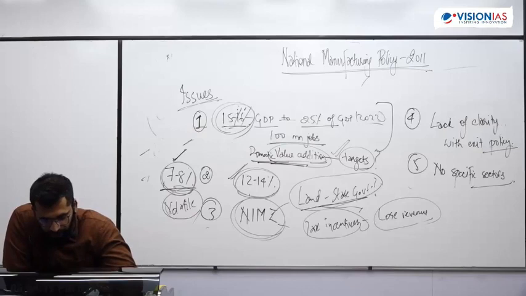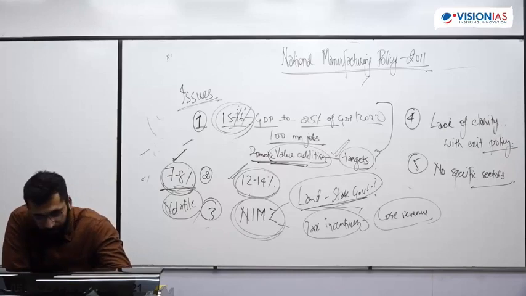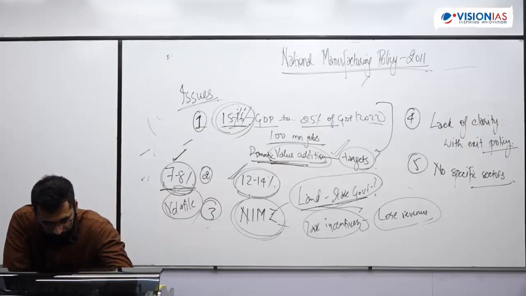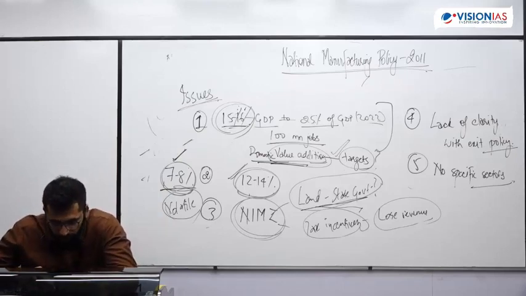Given the very high inter-year variability in the growth performance of the sector since 1991. The 12 to 14% growth objective is flawed given the high inter-year variability in the growth performance of the sector.